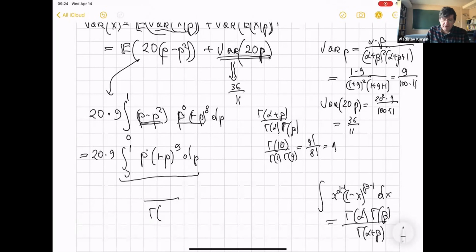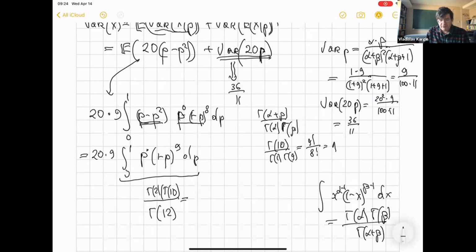Right? So in this case, alpha is equal to 2, so it's gamma of 2. Beta in this case is equal to 10, so gamma 10. And here 10 plus 2, so 12, gamma of 12.